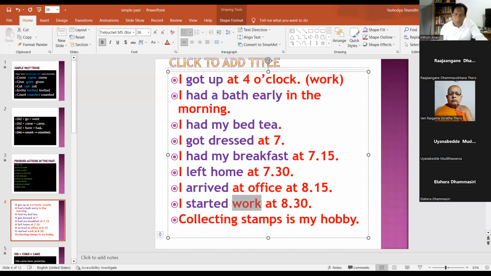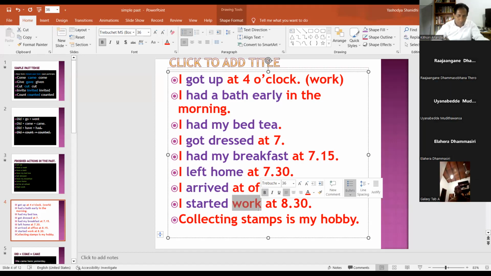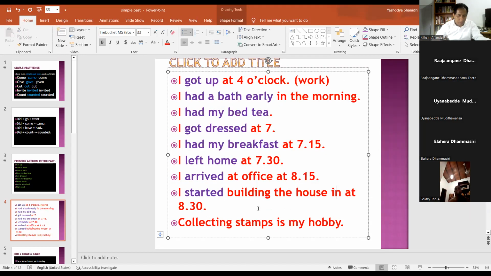But if we are going to use another verb, we started building the house in 2020. We started building the house because usually we don't use build as a noun. Well, that means an abstract noun.